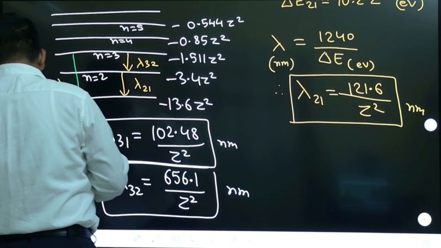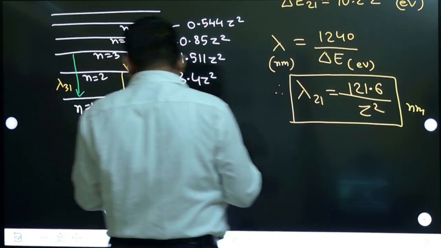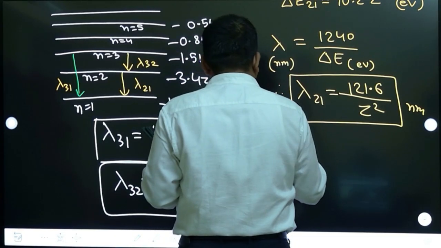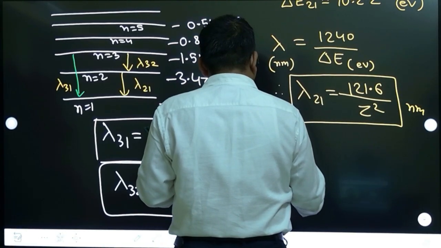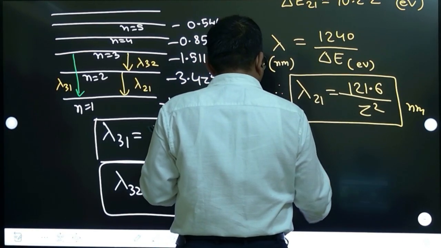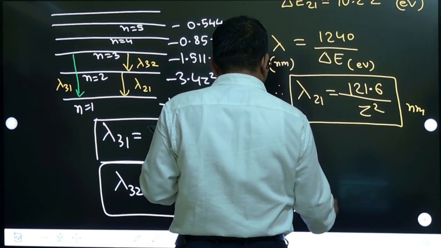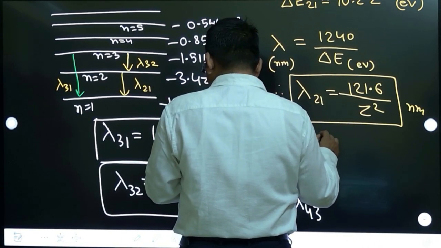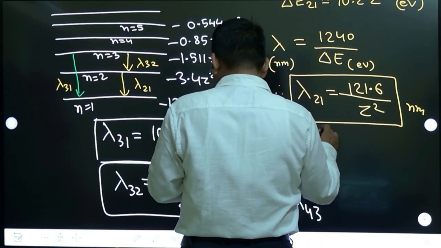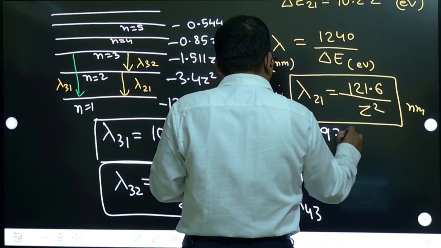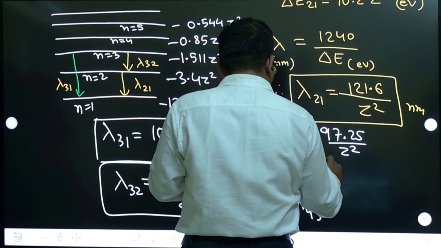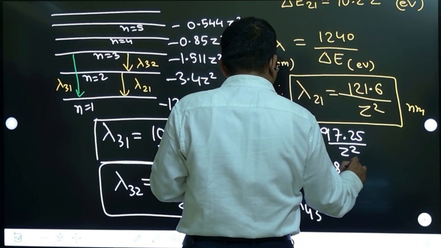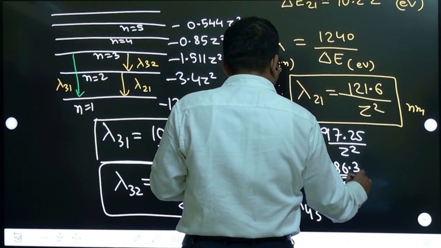Next, what about transitions to others? Similarly, lambda 4 1, lambda 4 2, lambda 4 3. Better remember: lambda 4 1 is 97.25 by Z square. Lambda 4 2 is 486.3 by Z square.